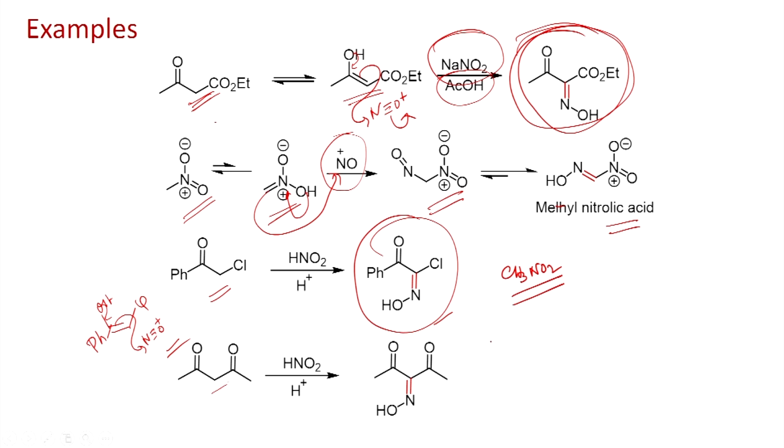This also can, in acidic medium, exist as enol. This enol, whatever you generate, it can undergo addition reaction, then you will be able to form this oxime as the product.